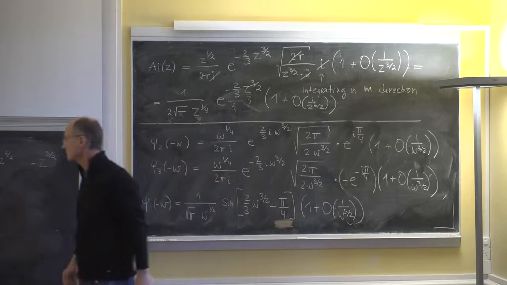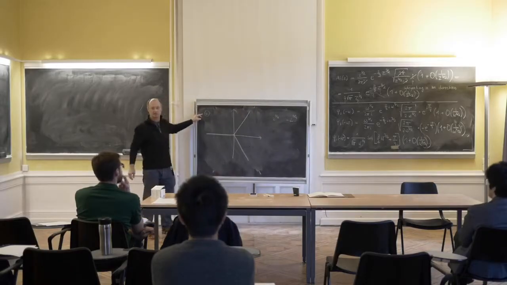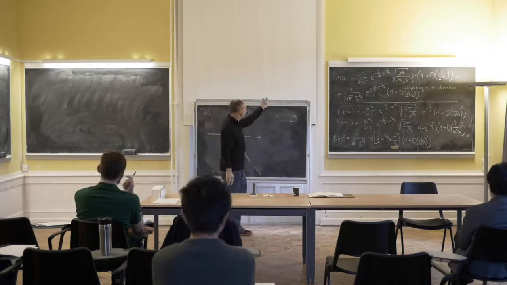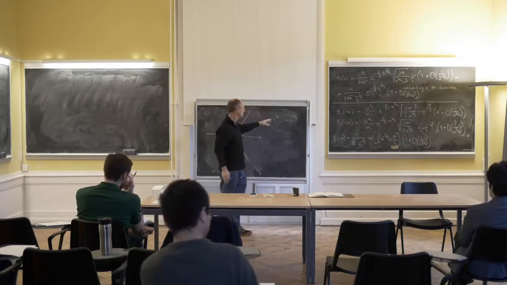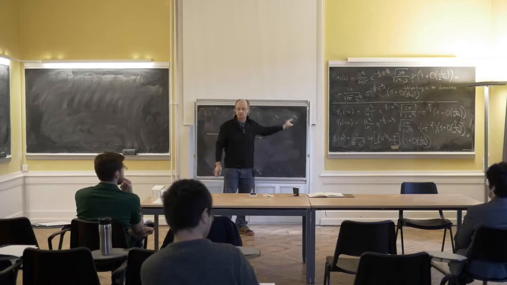Now here I finally renamed my complex plane into the z-plane. I'm interested in what happens on the complex plane. So now in the exponential I have, up to the multiple of 2/3, z to the power 3/2 and minus z to the power 3/2 in my solutions.